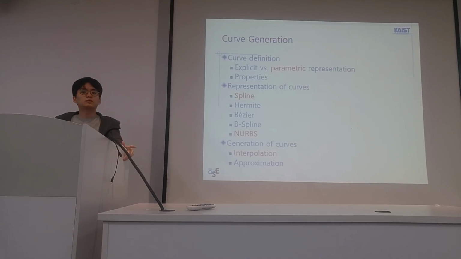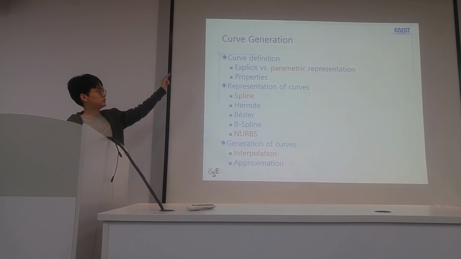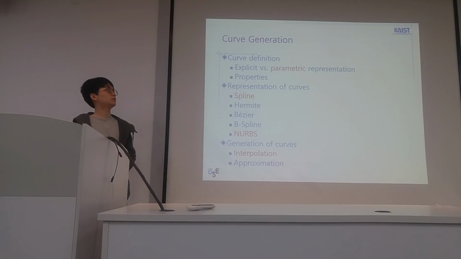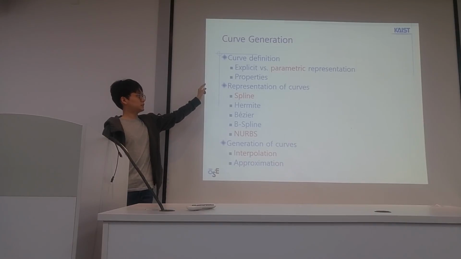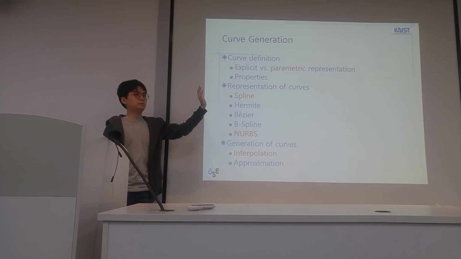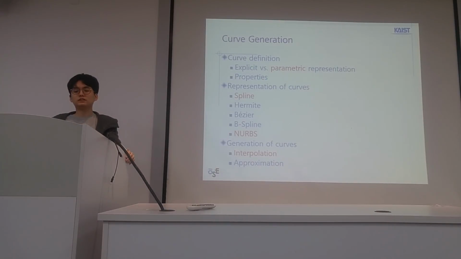So with many methods we can generate curves. These are the things we have to consider for curve generation. First, there is explicit representation and parametric representation. Parametric representation will include various things like dimensions and features.